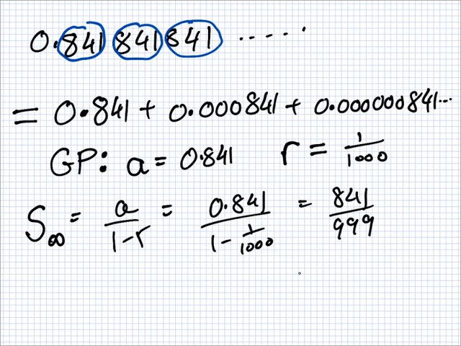If you don't believe me, type in 841 over 999 and see what you get in your calculator. Yeah. 0.841.